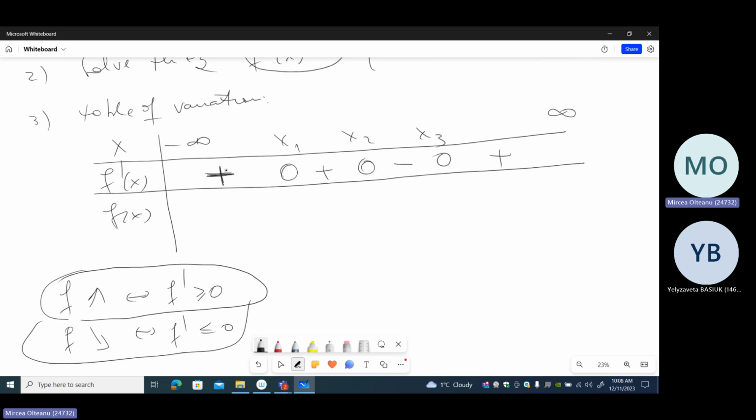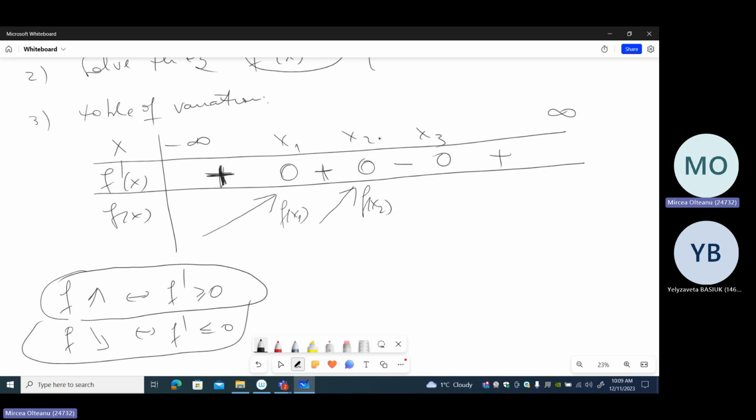So, because on this interval the derivative is positive, the function f will be increasing, and here it takes the value f of x1. Then on the interval x1, x2, the derivative is still positive. The function continues to increase up to a value f of x2.